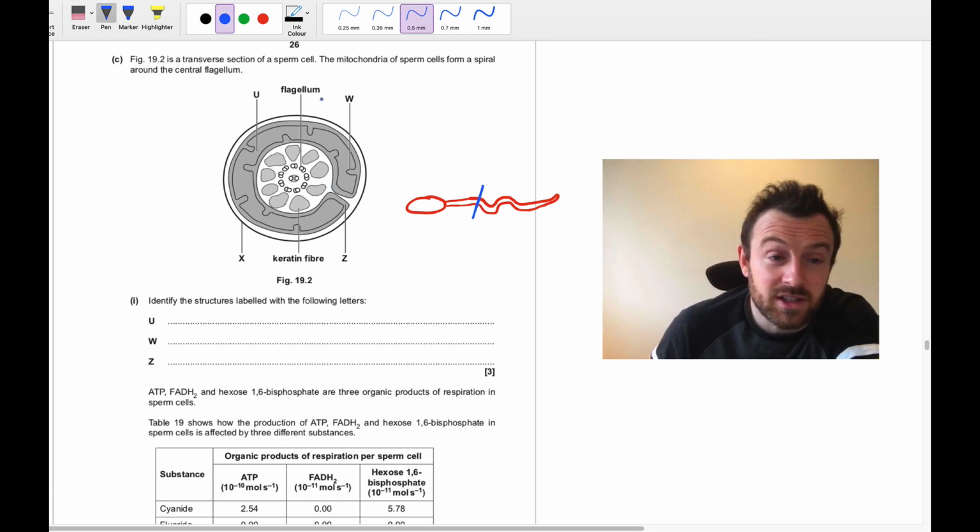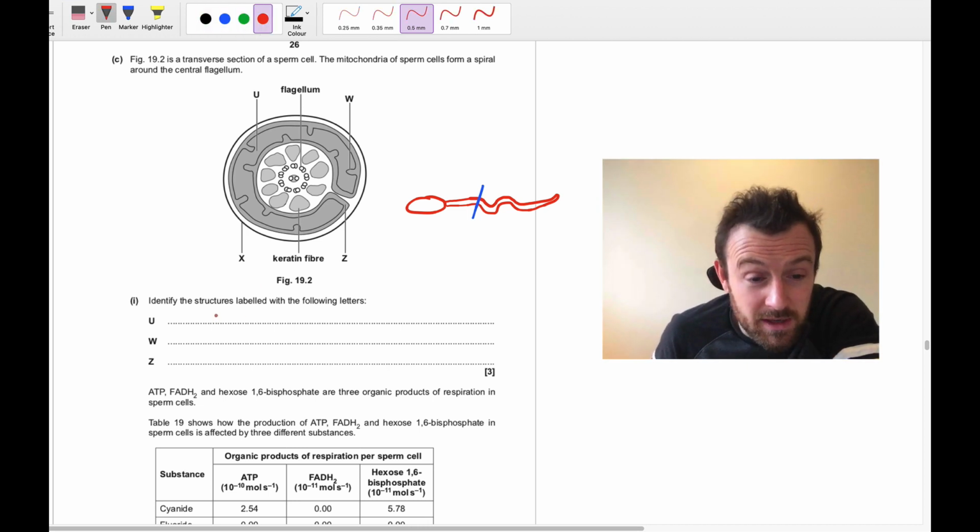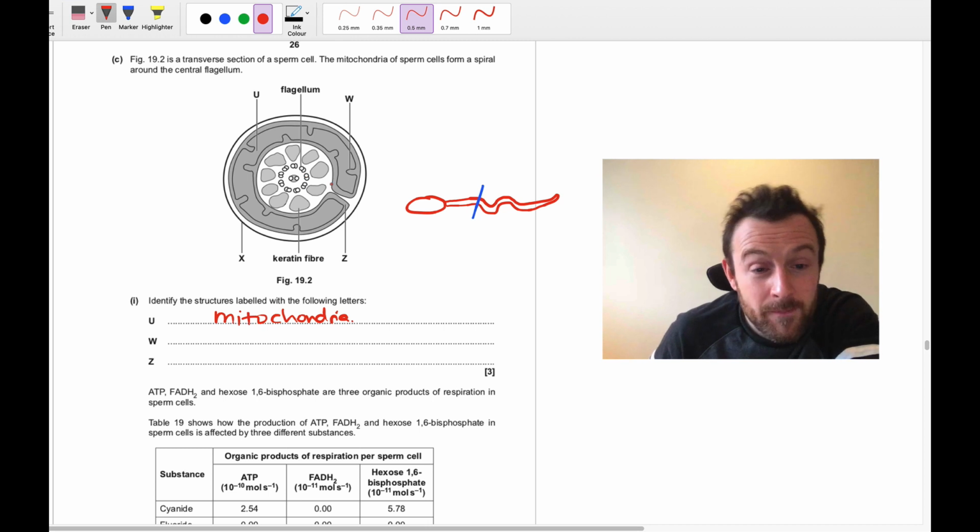This is interesting. This does come up in your syllabus, but I reckon that some of you might not be aware. U is the mitochondria, actually. So the mitochondria wraps all the way around this central arrangement of microtubules here. Actually, you're not required to identify that.